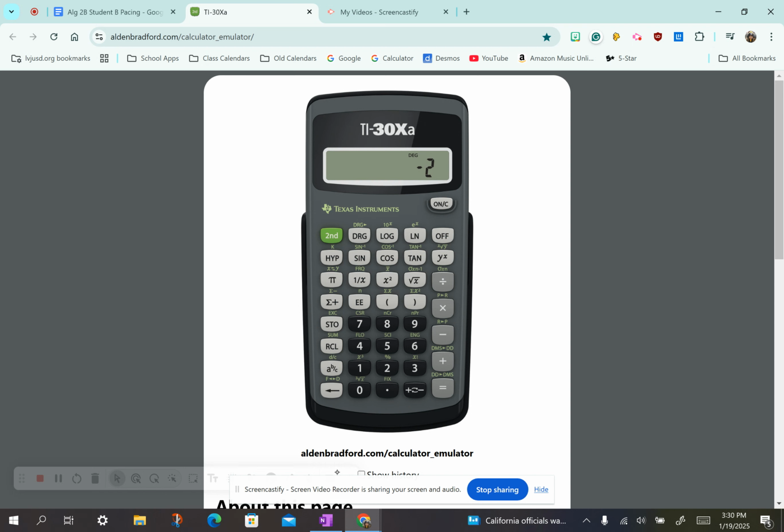To get this e to the power of x, you have to do second ln. That is e to the negative 2 power. You're then going to press times 3, press equals. You should get 0.406.